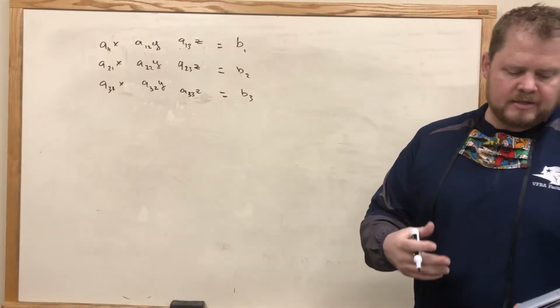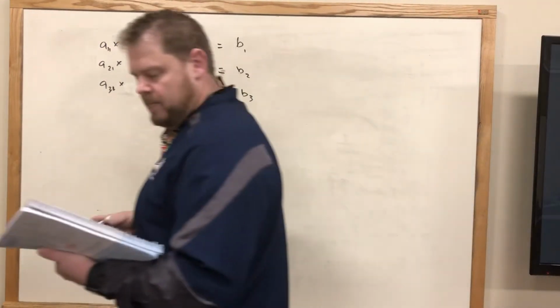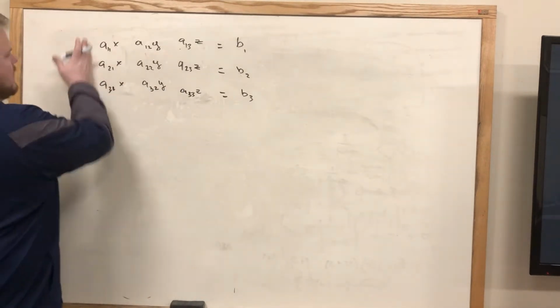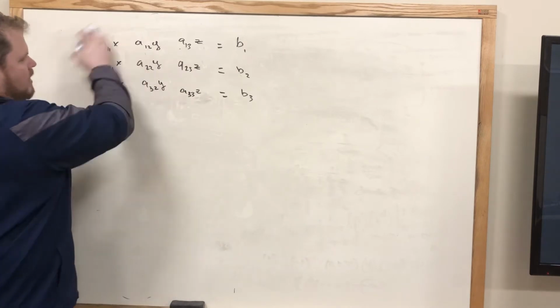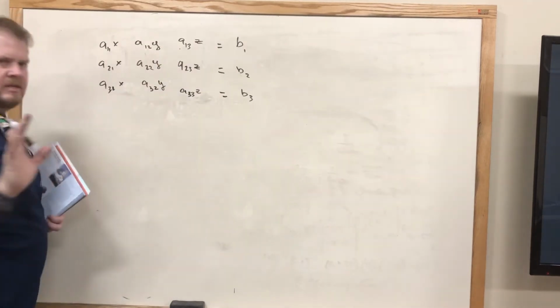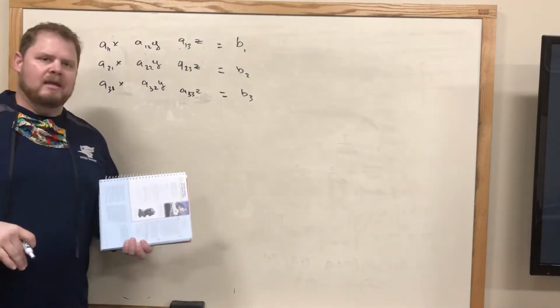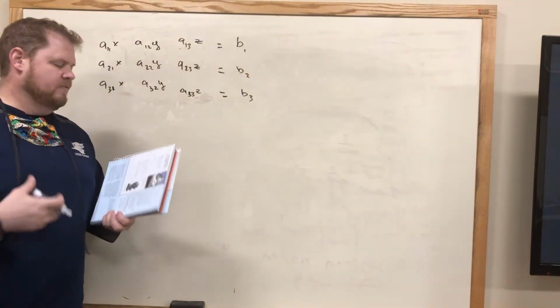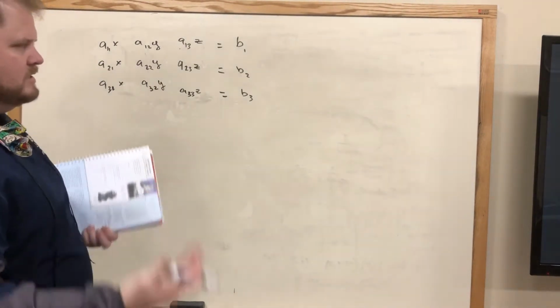Let's say I find the determinant of A, just the determinant of A, which was this information. If you found the determinant of something else and divided it, you might be able to find what x, y, and z were.